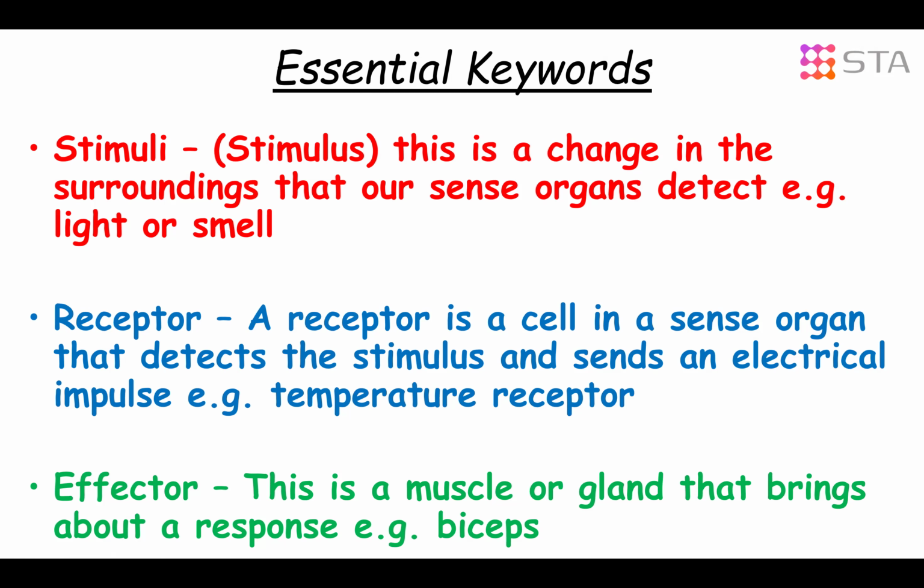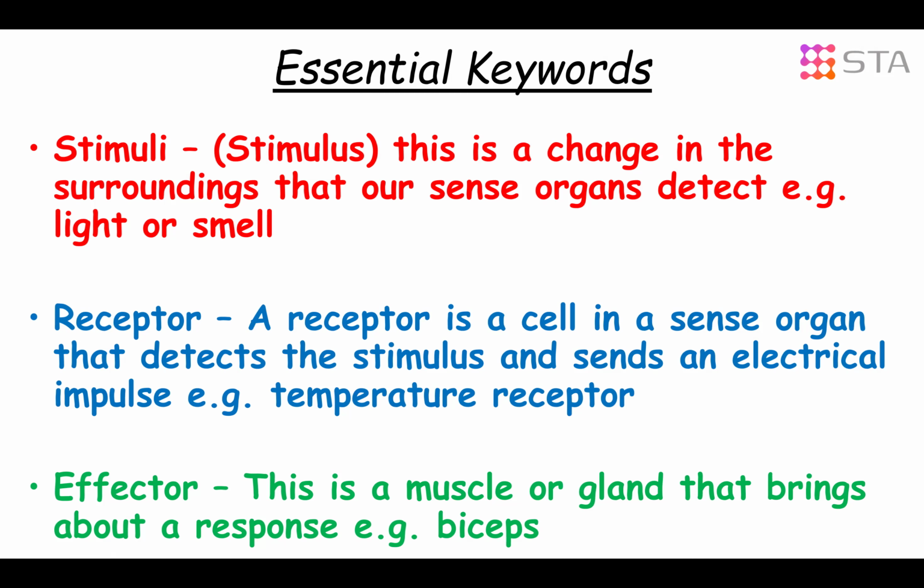So the first word is stimulus or stimuli. A stimulus is a change in the surroundings that our sense organs detect. A change in the environment or surroundings around us that our sense organs detect, e.g., light, smell, taste, touch, and so on.